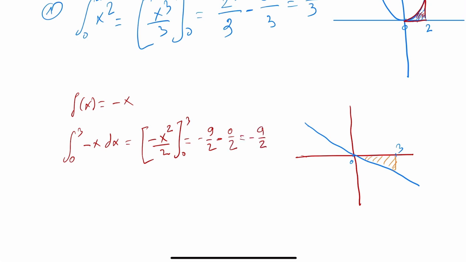But as the value is negative, we take the absolute value of that, which gives us the area is equal to 9 over 2.